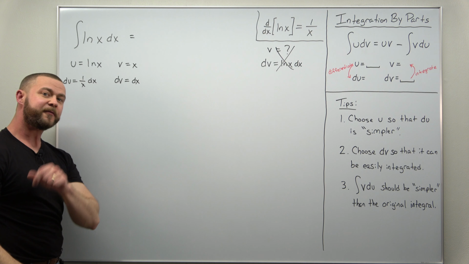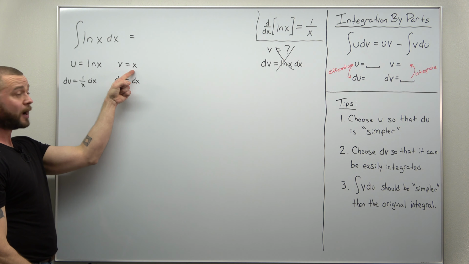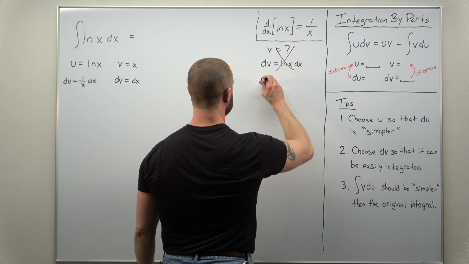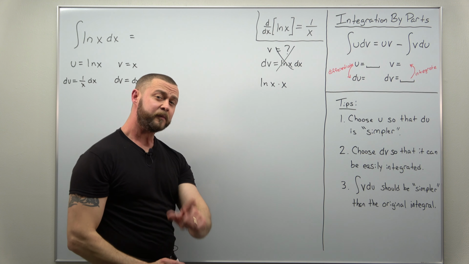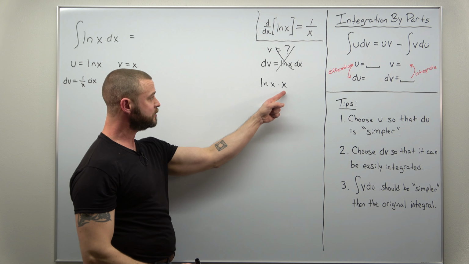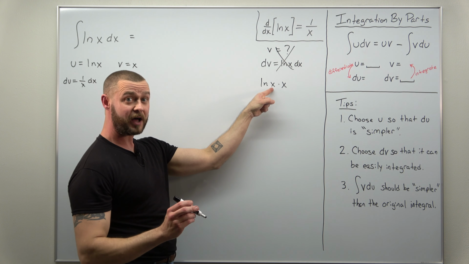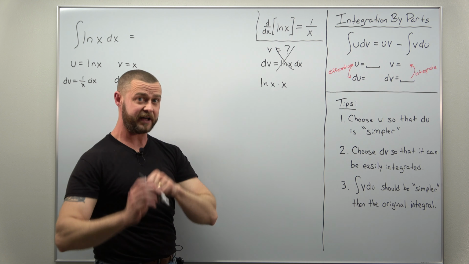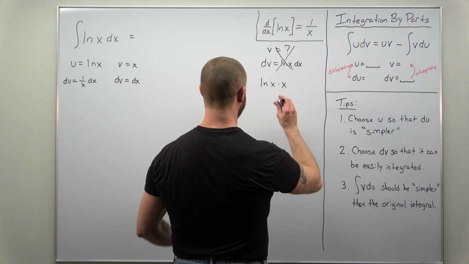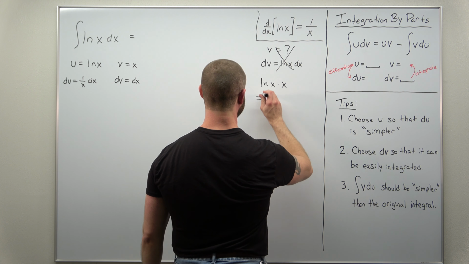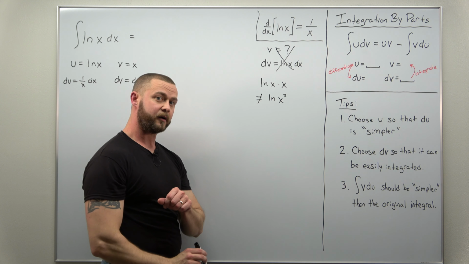Let me mention a tip for notation. Don't write this as natural log of x times x. In other words, don't write that, because some students might confuse that factor as multiplying the x inside of natural log. Now, if you're comfortable and understand notation, you won't make that mistake, but this is not the same thing as natural log of x squared.